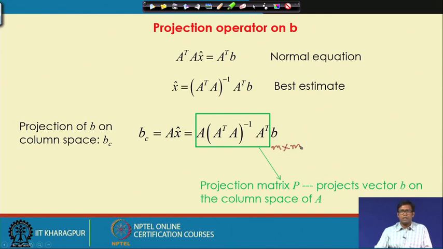Remember the last example we discussed at the end of the previous class. We found x tilde and multiplied it with A, and we verified that this is the projection of B onto the column space of A, and this projection is obtained by multiplying B with a matrix.